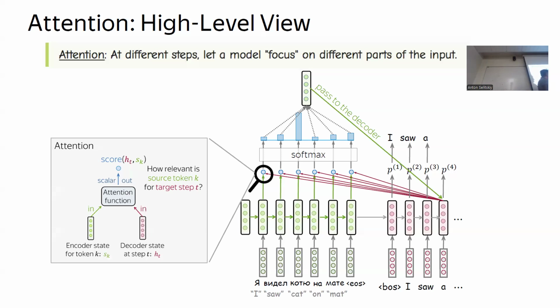And we calculate this function for each vector in the encoder. The simplest one is just the dot product, which returns one scalar.